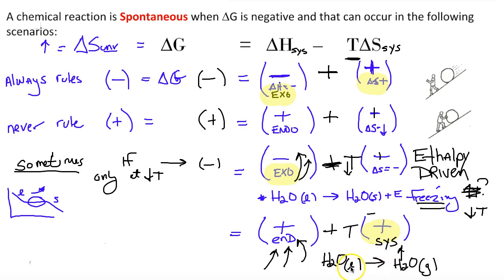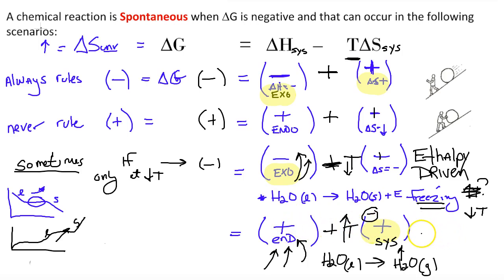But a liquid going to a gas requires energy. Remember the heating curve? Liquid going to a gas requires energy. So that's bad, so it's endothermic. But guess what? This temperature better be high enough to make this expression negative enough to overcome this positive.